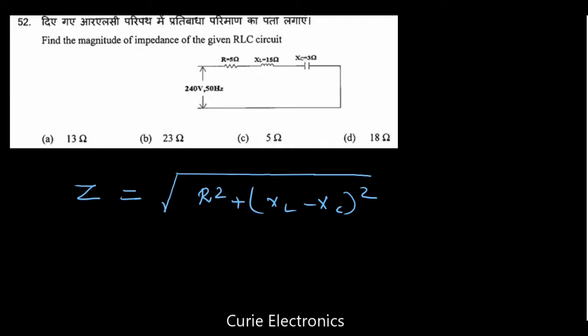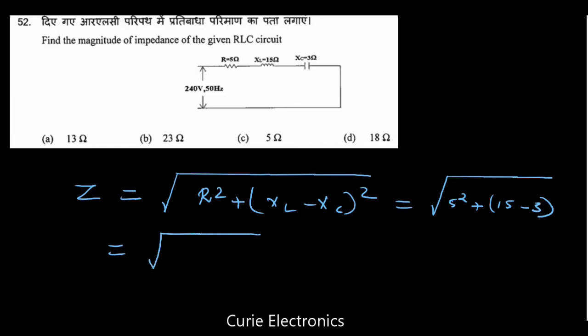See, first you have to subtract, then only take the square, otherwise you'll go wrong. So what is the value of R here? That is 5 square plus, what is the value of XL? 15, minus what is the value of XC? 3.